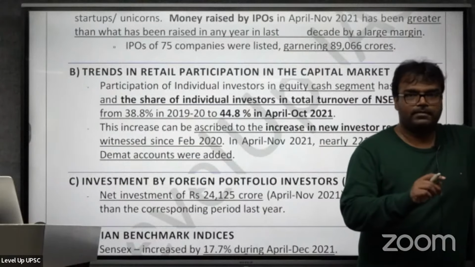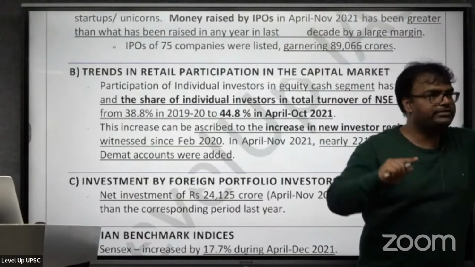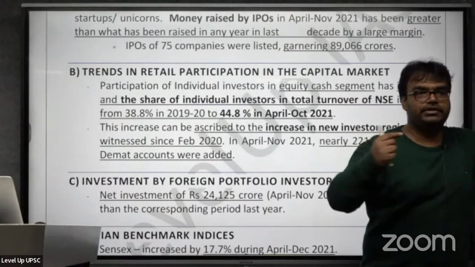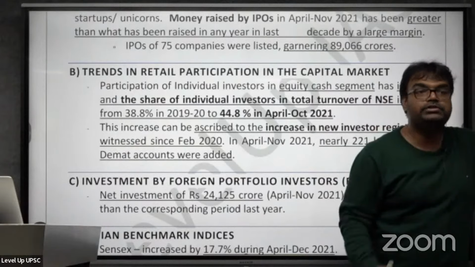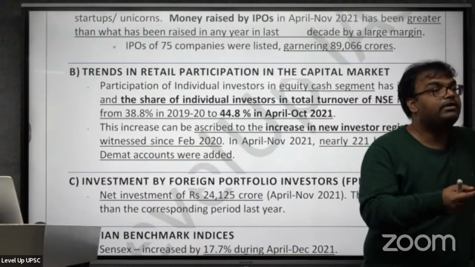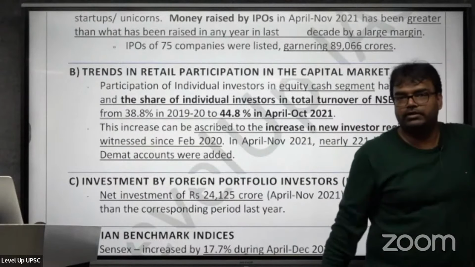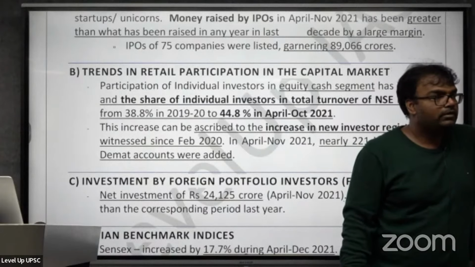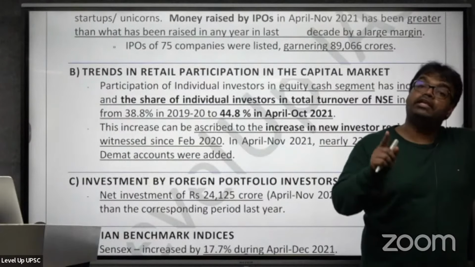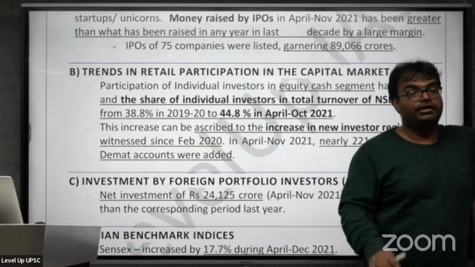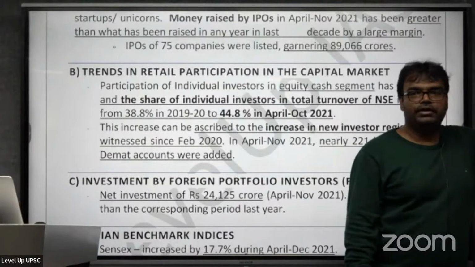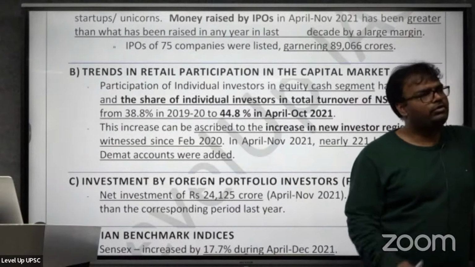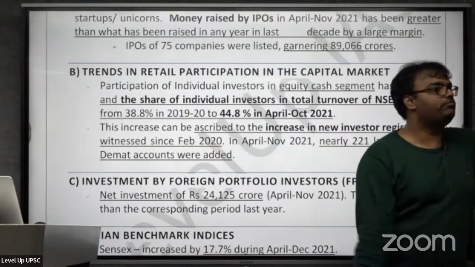Investors: there are big institutional investors, then there are retail investors, individuals like us. As we saw in our classroom, 4-5 students have demat accounts and are investing in the stock market. These individual investors are increasing in recent years. During the COVID-19 lockdown, lots of demat accounts were opened, and even in 2021, lots more were opened.